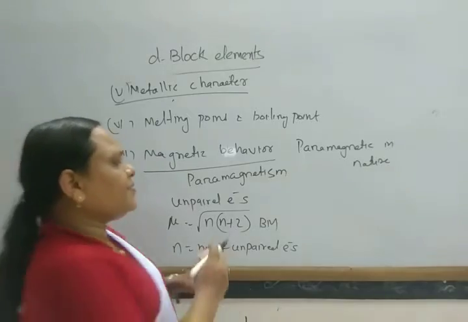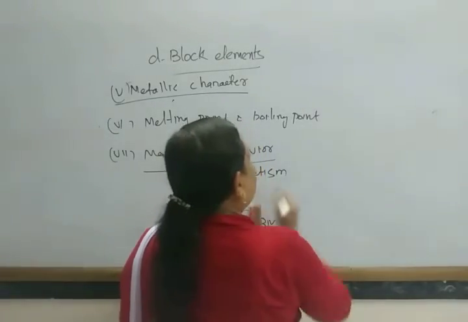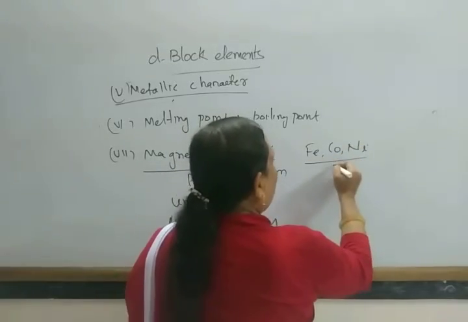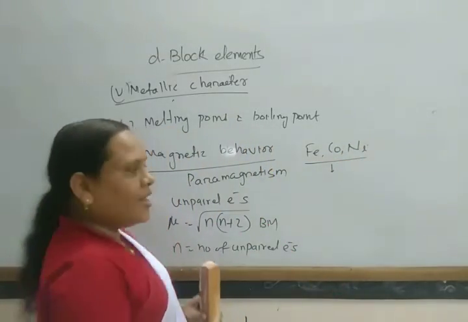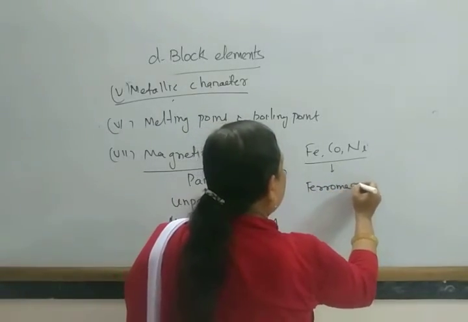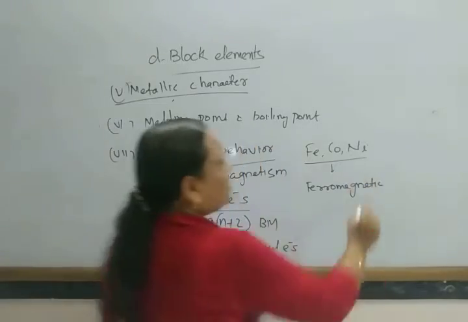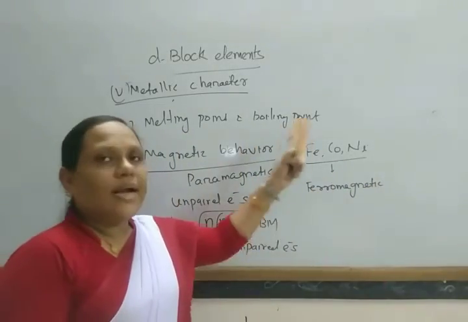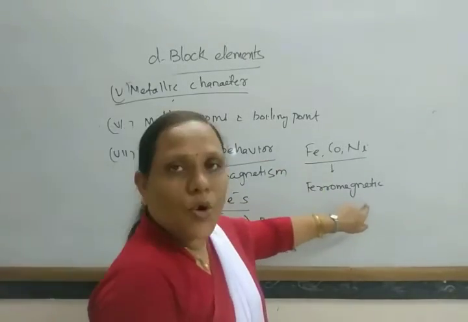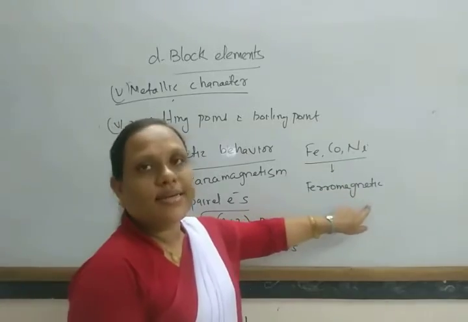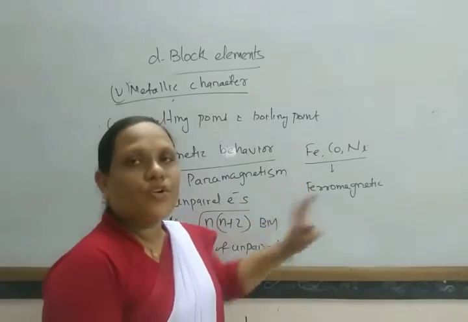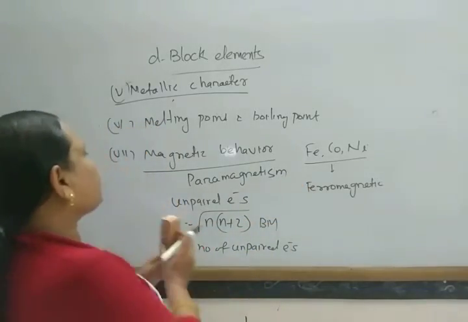But iron, cobalt and nickel show strong magnetic behavior, and these are ferromagnetic in nature. So they show ferromagnetism.